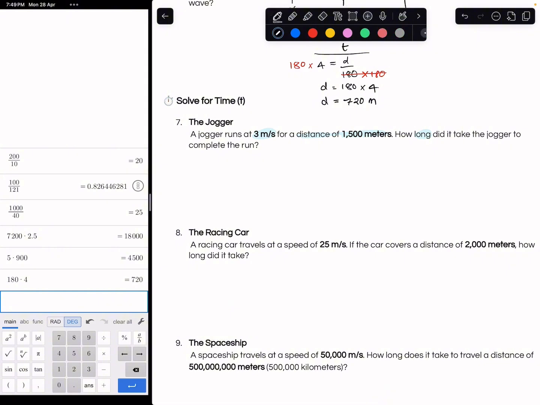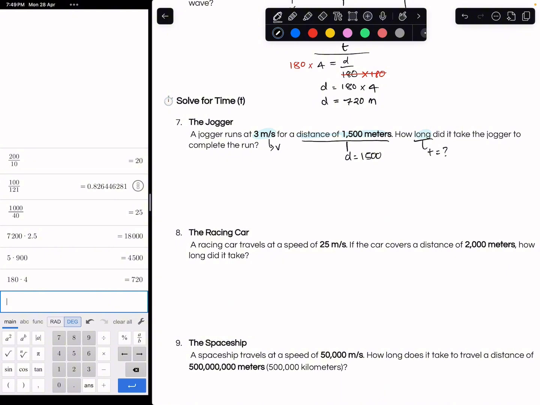So what do we have and what do we not have? Right over here, what do we have? What would you annotate it as? Velocity. We have a distance, okay, tells us we have a distance of 1,500 meters. What we don't have is time. It's asking us how long did it take.